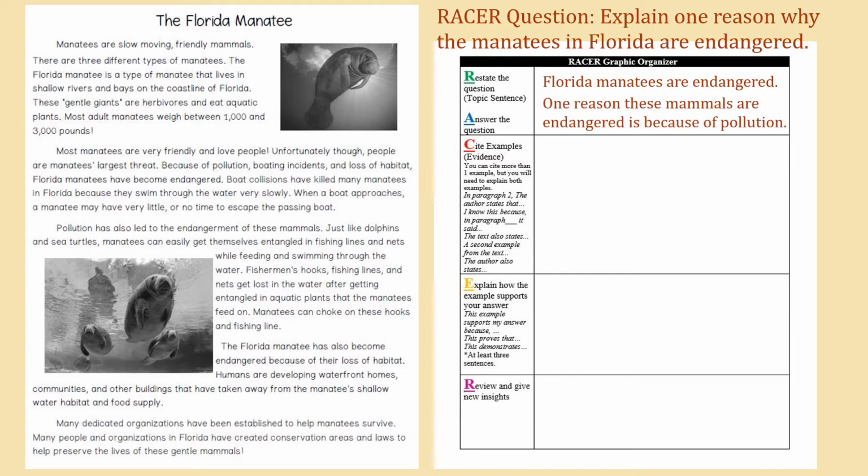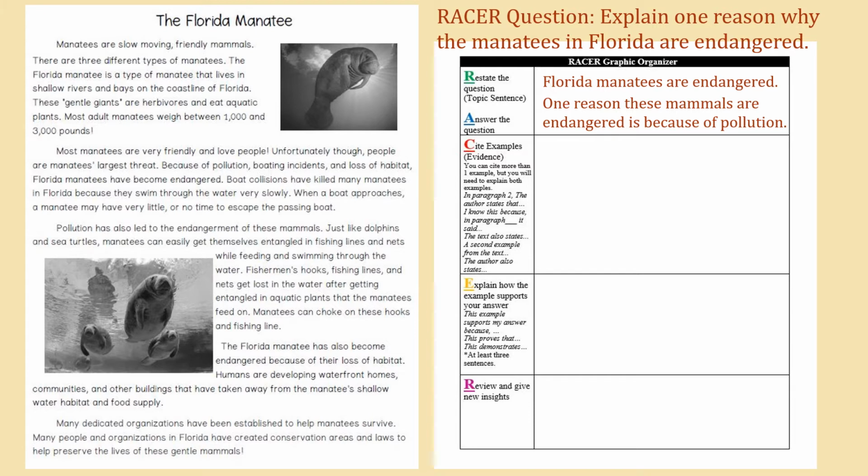Well, one reason these mammals are endangered is because of pollution. Now, if the question had asked me to give two or three reasons, I could have changed that sentence to say several reasons why these mammals are endangered is because of pollution and blank and blank. Okay, so that's the way I would change it if I were asked to write two or three reasons.